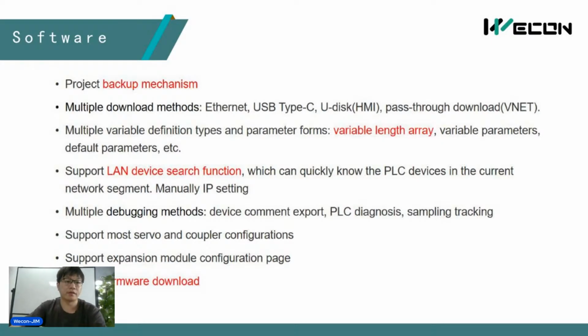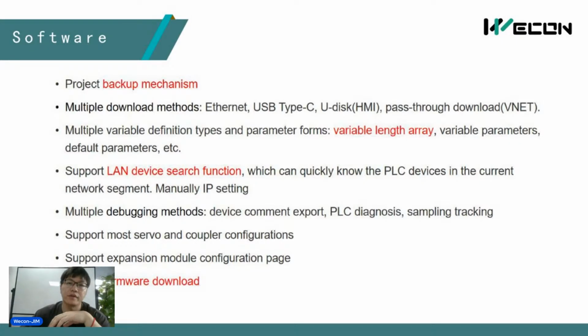Here are some function points about our software. First is project backup. It means every time you compile, for example, after you make some changes and compile, the software will back up the project automatically. We also support different download methods.